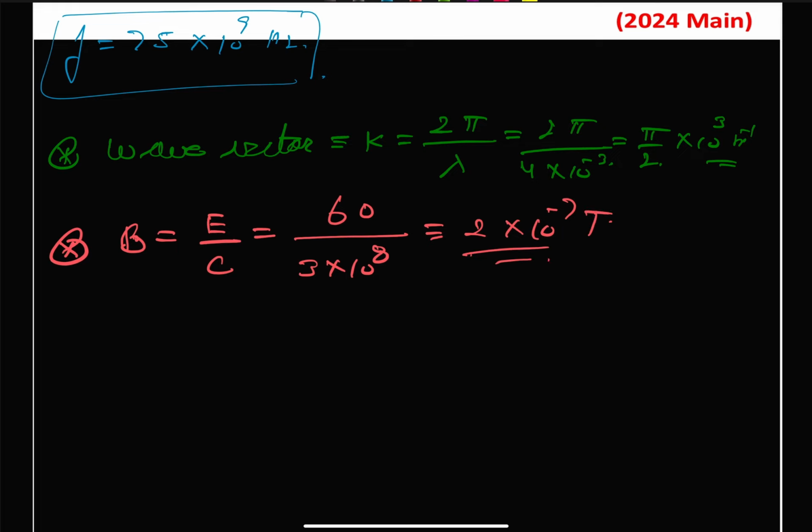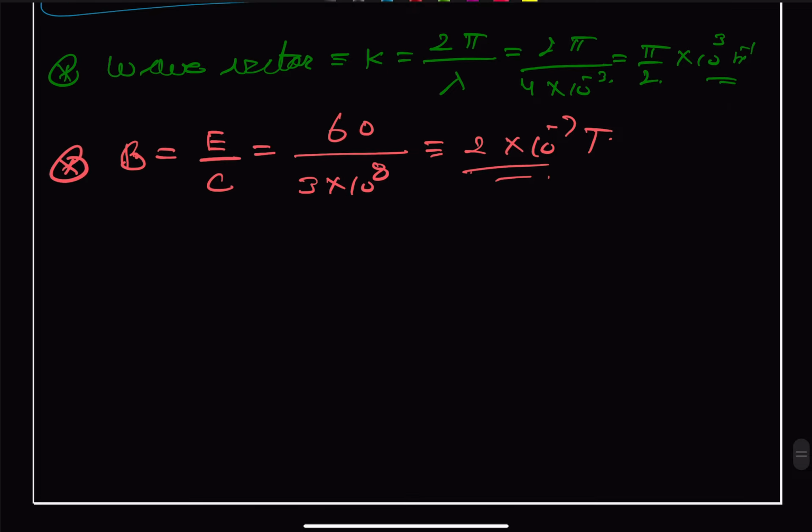And we know that the electric field, magnetic field and direction of propagation are always perpendicular to each other.